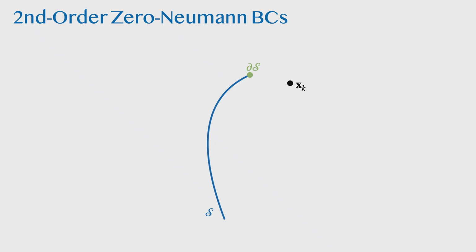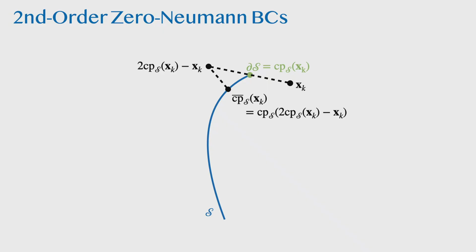So what you do is, the closest point for xk is equal to your boundary point, partial s, and then you project 2 times through the direction towards the closest point to get this new point, which you can simplify to just 2 times the closest point minus xk. And then you compute the closest point of this doubly projected point. So this gives you what we call CP bar.